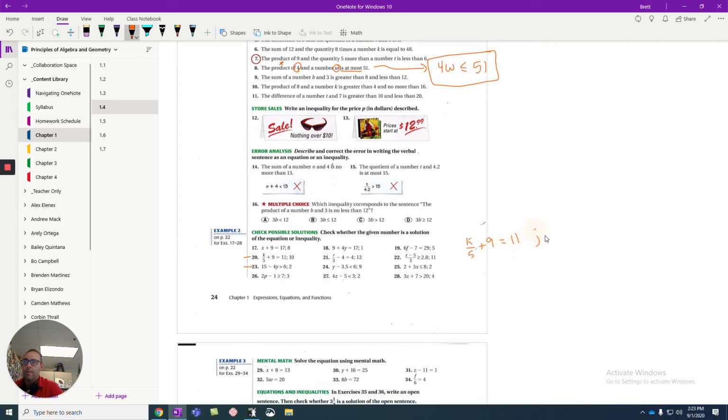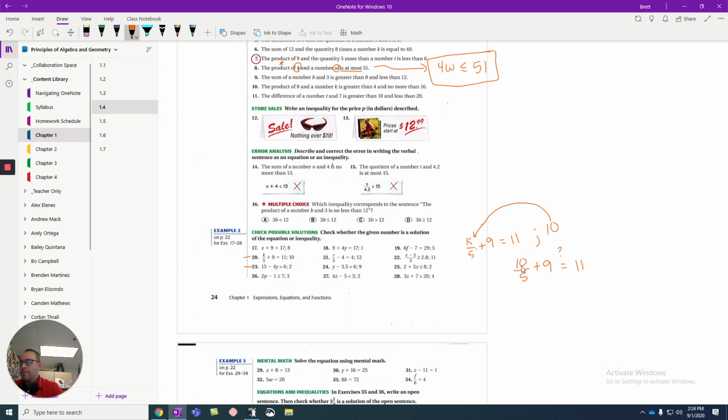Then they give us a number, semicolon, they give us a 10. This tells me that this 10 should be plugged in for my unknown variable. So I'm going to have 10 over 5 plus 9. And I want to know, does that equal 11? If it does, we have a solution. If it doesn't, we can reject that.